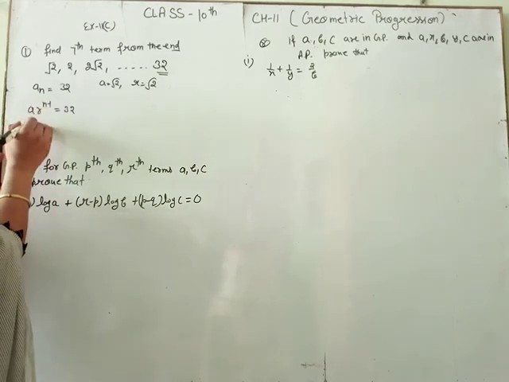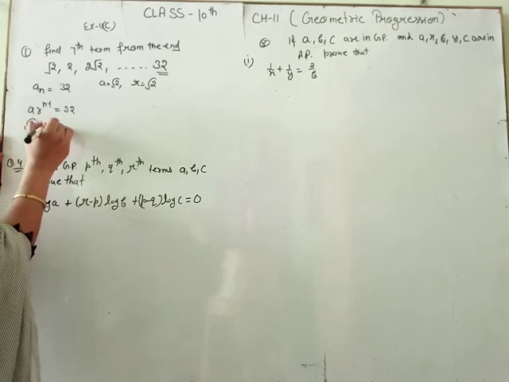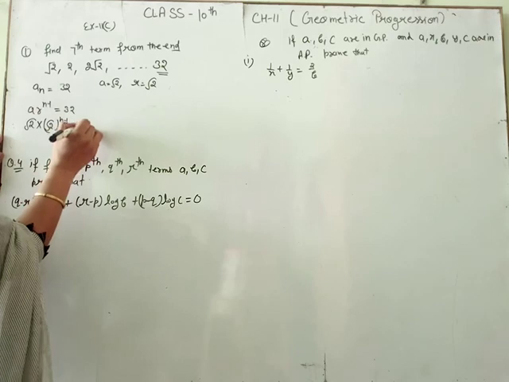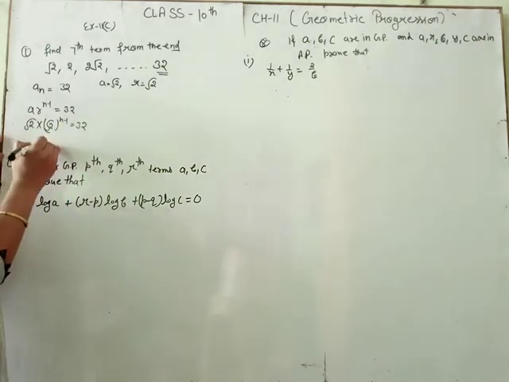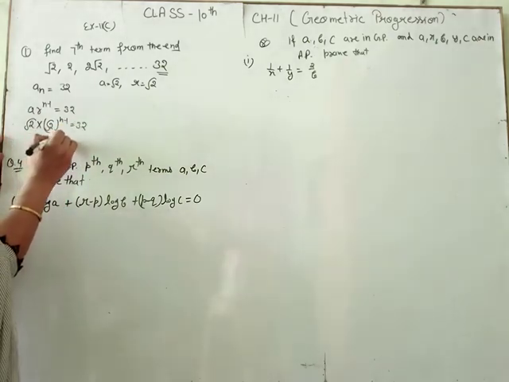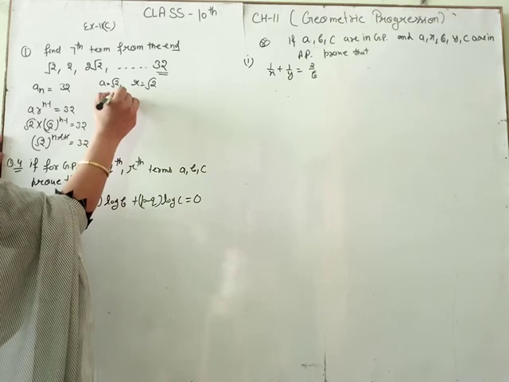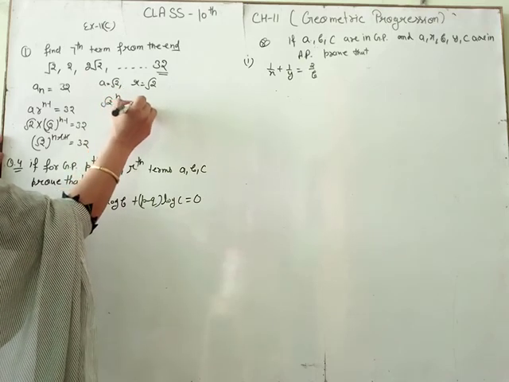In place of a, root 2, and in place of r, root 2: root 2 into root 2^(n-1) equals 32. If we multiply completely, root 2 raised to the power n-1+1, that is n, equals 32. That means root 2 raised to the power n equals 32.